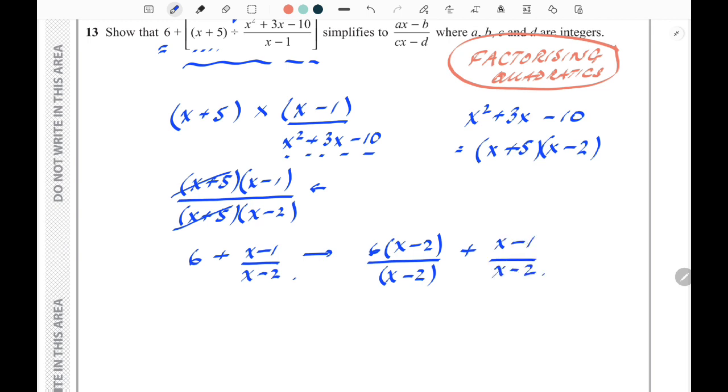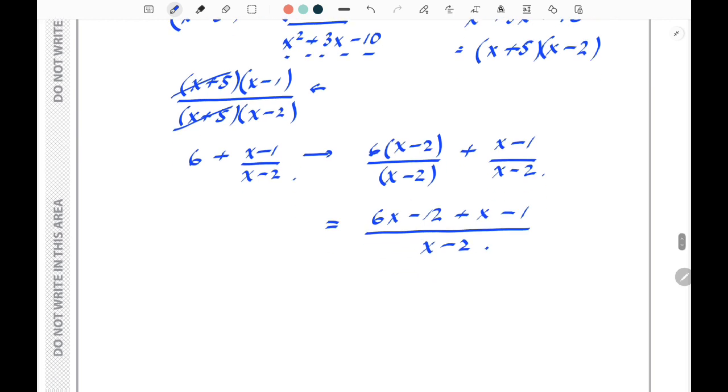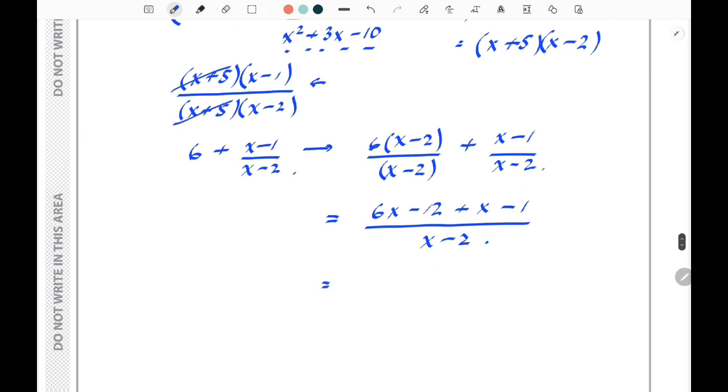Like that. Now we expand the top. 6x minus 12 plus x minus 1 over x minus 2. And when we tidy all that up, we get 7x minus, I'm not sure if I've made a mistake somewhere.